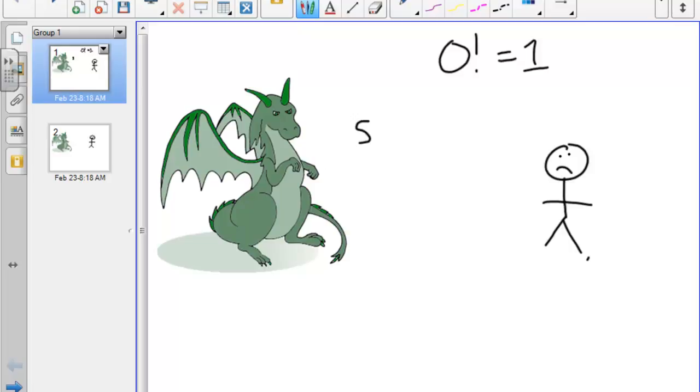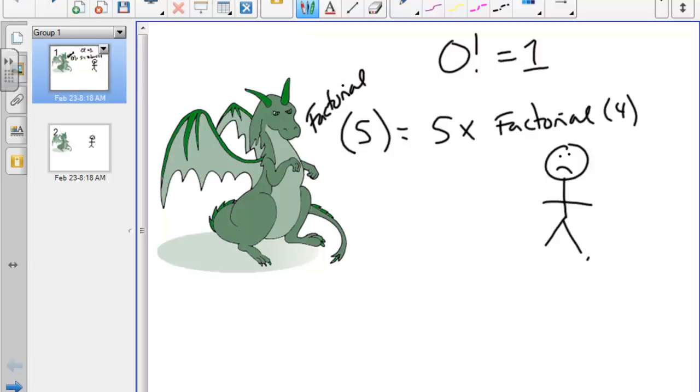5 factorial equals 5 times factorial. Oops, I should probably write this on the side. Factorial of 5 equals 5 times factorial of 4.